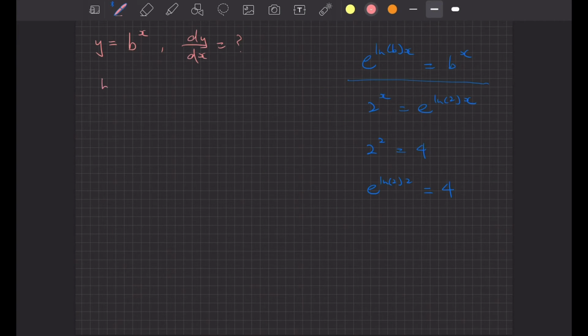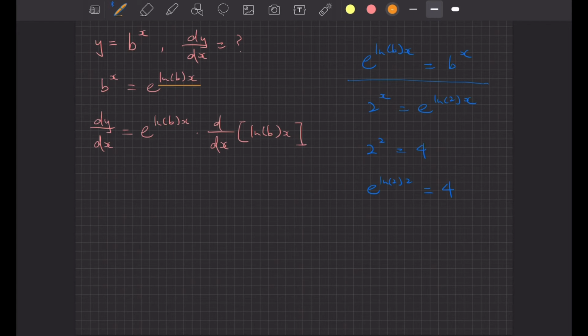So go back to the left-hand side part. b to the power x is equal to e to the power of (natural log of b times x). So dy/dx is equal to e to the power of (natural log of b times x) times the derivative of g(x), which is natural log of b times x. Let me write it down.